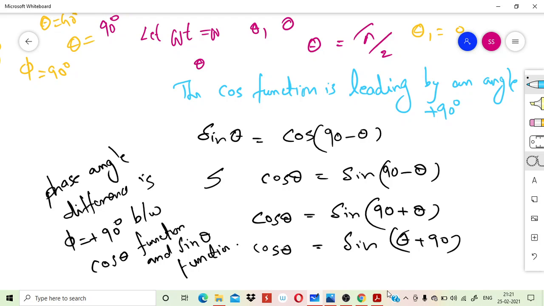Or in other words, the cos function is a little bit earlier. Leading means appearing earlier by an angle of plus 90 degrees with respect to the sine waveform.